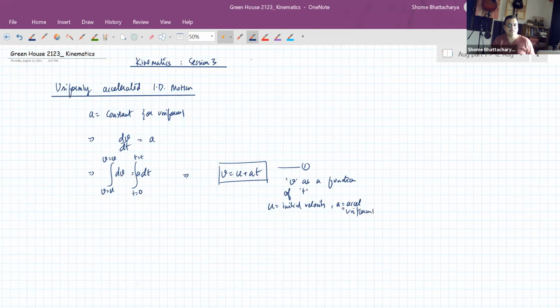Then on integrating this relation, we got displacement as a function of time.